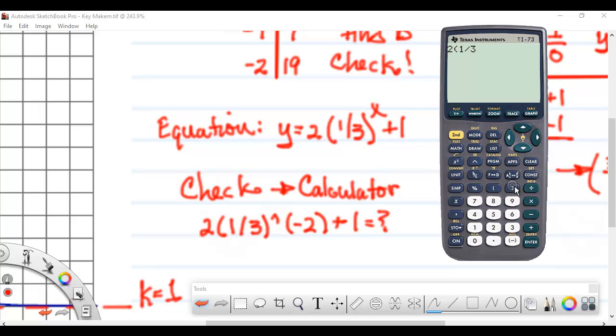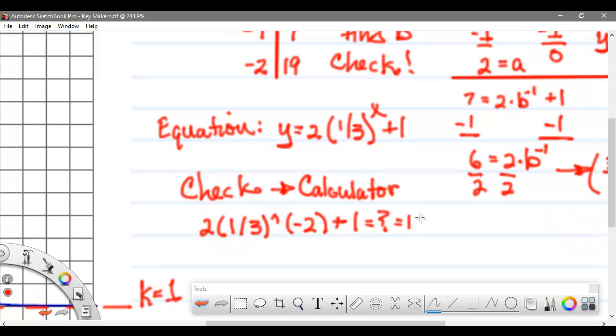I'll type that in my calculator the same way I have it on my paper. Put the -2 in parentheses to make sure that calculates that -1 correctly, and add 1. And I get 19, so you can see that it does check out. You can see where I put a -2 in for the x, and the y that I got out was 19, which matches the value on my table.